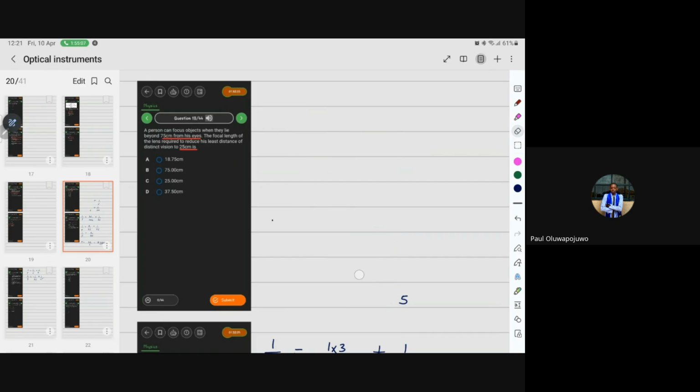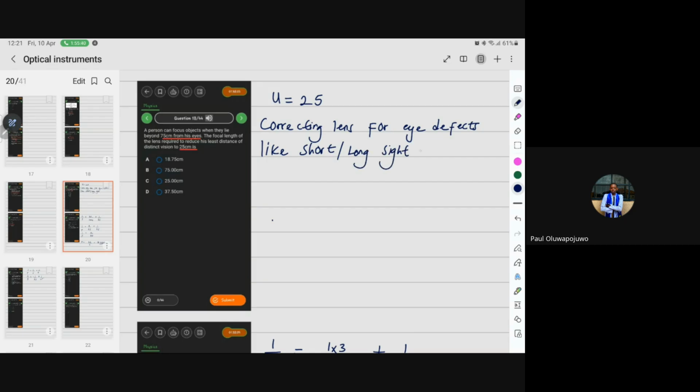Now, based on that, we're expecting that our U is equal to what? 25, isn't it? U equals 25. Now, since we're using a converging lens, the correcting lens for eye defects like short sight and long sight will form a virtual image.